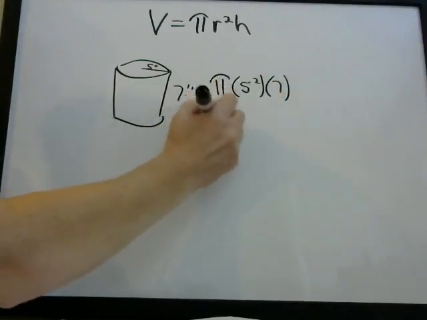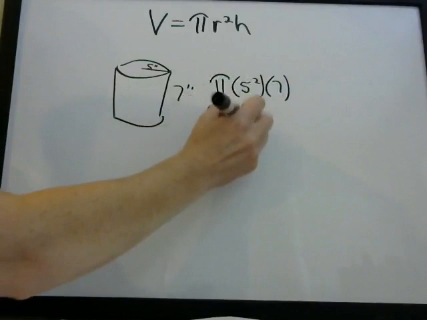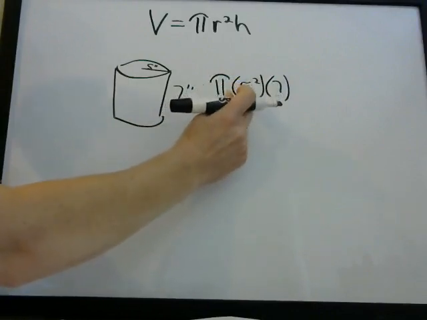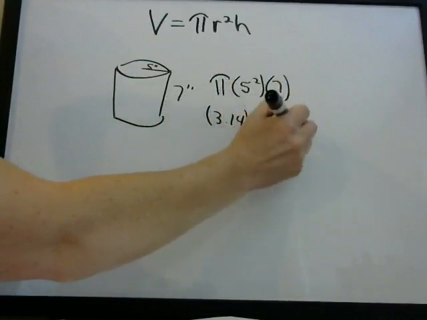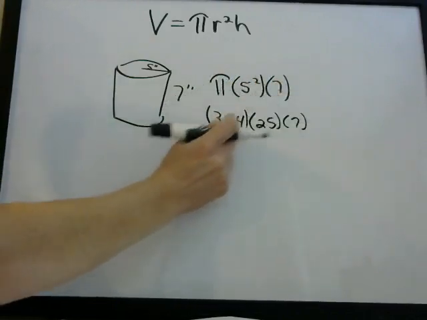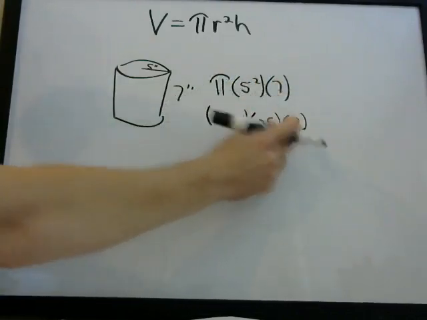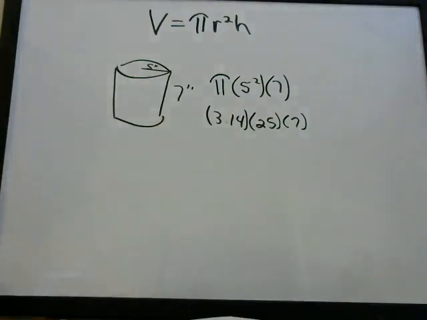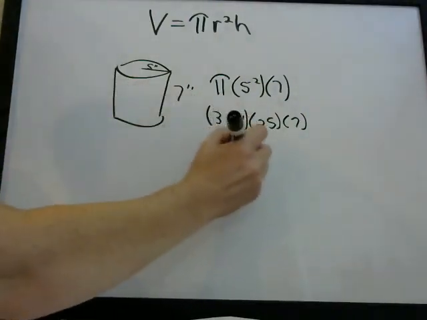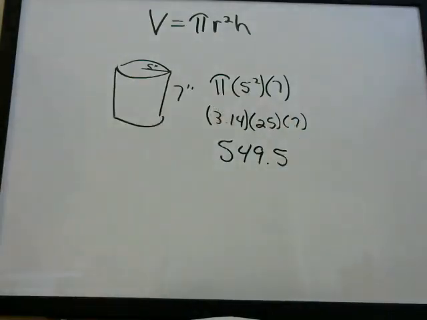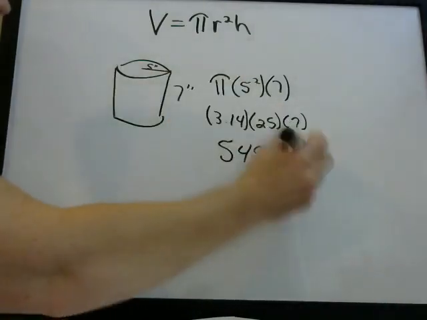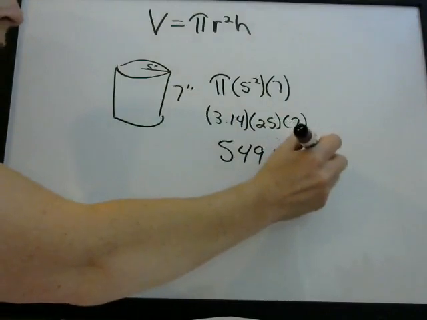Pi is a number, 3.14. 5 squared means 5 times 5, so that's 25, and 7. So 3.14 times 25 times 7. You plug that into your calculator, and you get 549.5 inches cubed.